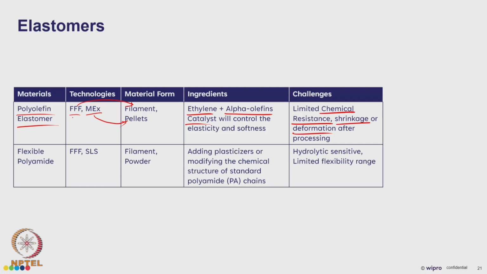And finally, we have flexible polyamide material, which is again a kind of thermoplastic material which we have already seen in the nylon category, but here some additives are added so that we are able to get some amount of flexibility. We can do it in FFF technology as well as SLS technology. In the same way, in FFF we have the filament and in SLS we have the powder.